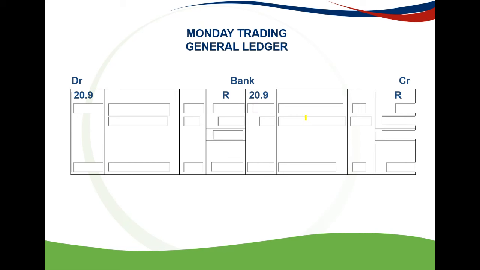So here for January the 1st, I will have a balance brought down of 200 Rand. So that's what was given in our bank reconciliation statement.